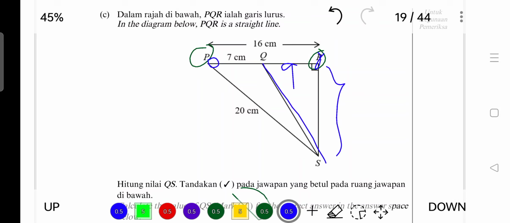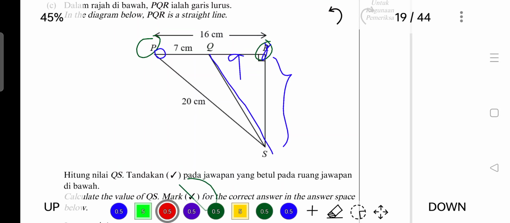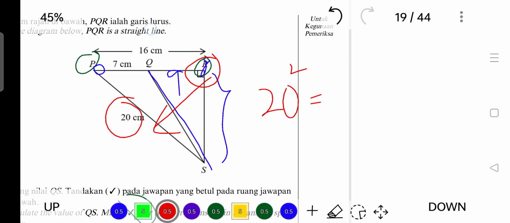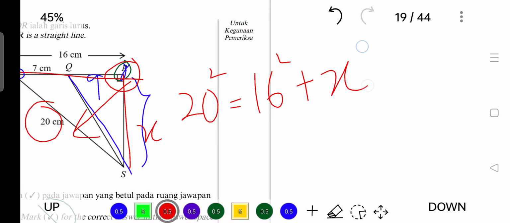Maybe I just find that first. I'm not sure how to do it, I'm just guessing. So what I can do is I see 20 first. I'm writing 20 squared equals this length 16 squared plus this line. I don't know what that is, so I'm just putting it as x squared.